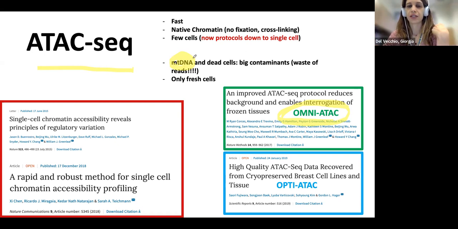So mitochondrial DNA and dead cells are usually big contaminants and waste of reads. So working with fresh cells is the best, but the OmniATAC is a good protocol if you cannot obtain fresh cells. There are a few strategies to reduce the contamination from mitochondrial DNA and dead cells.